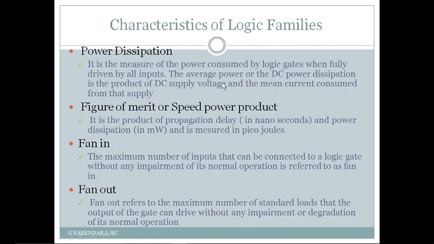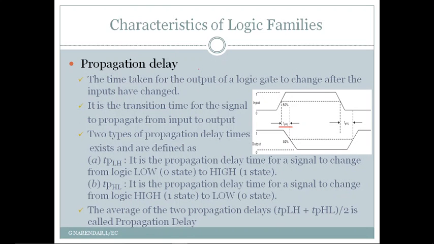And this power dissipation, normally for logic gates, will be expressed in terms of milliwatts. Previously we have seen the propagation delay. So here the delay is expressed in terms of nanoseconds.